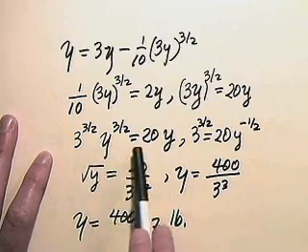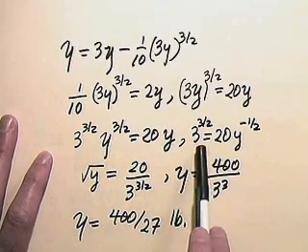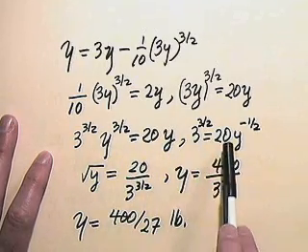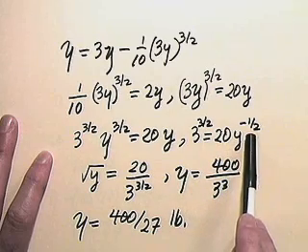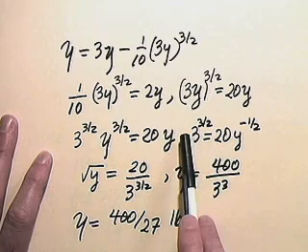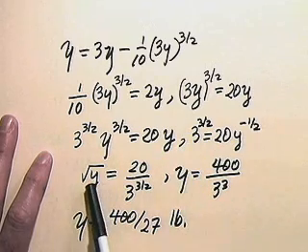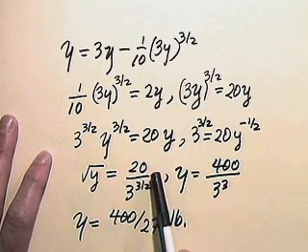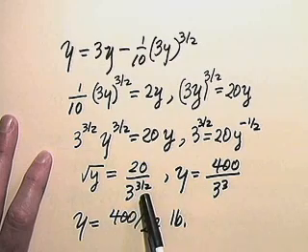And so now divide through by y to the 3/2, and we get simply 3 to the 3/2 is 20y to the negative 1/2. And so we can turn this into y to the 1/2 on the right, and we get square root y is simply 20 over 3 to the 3/2.